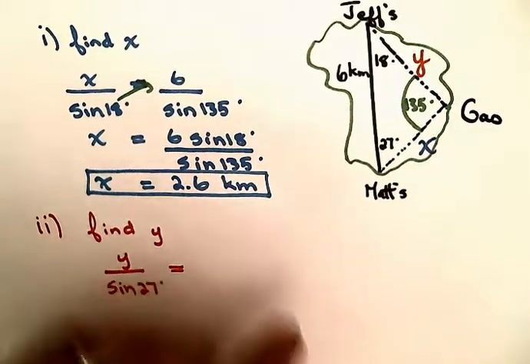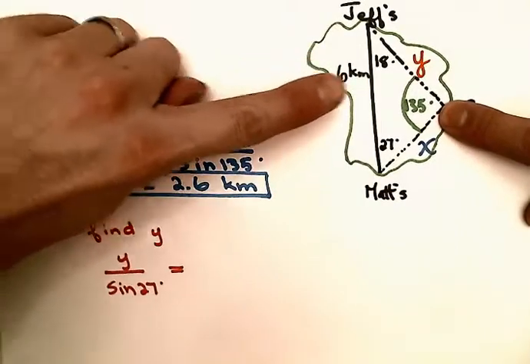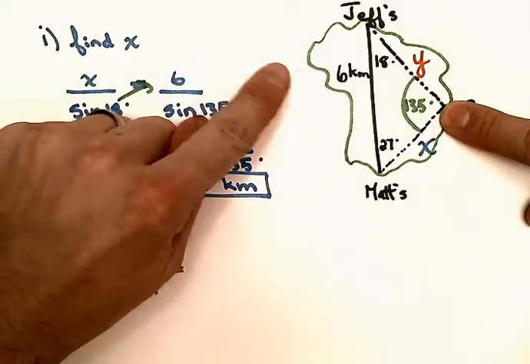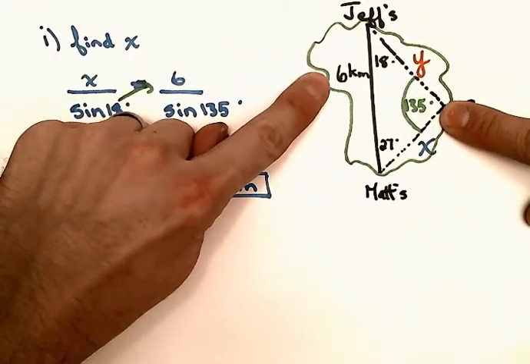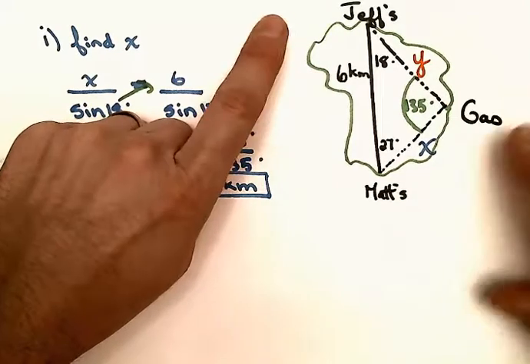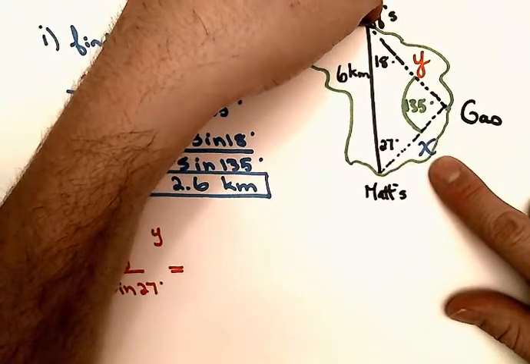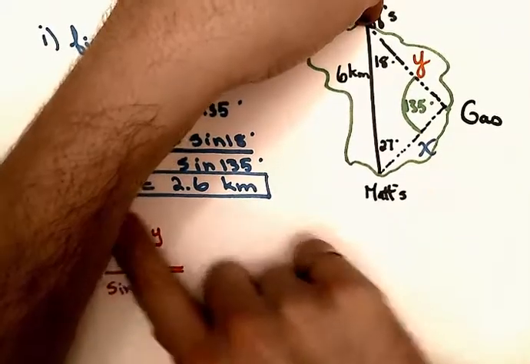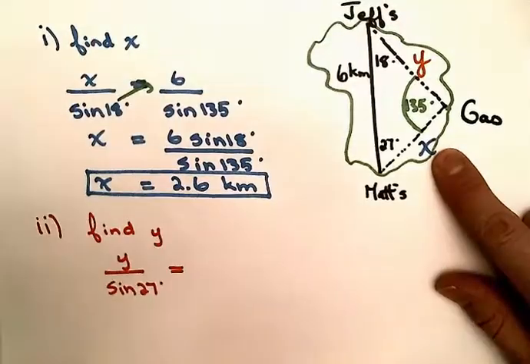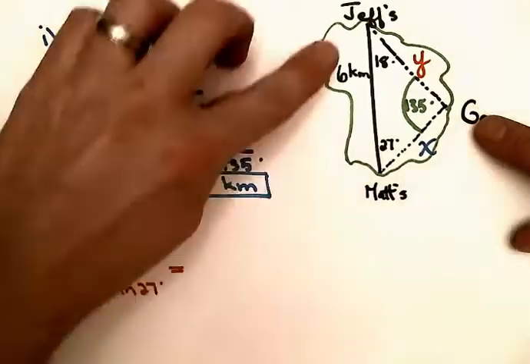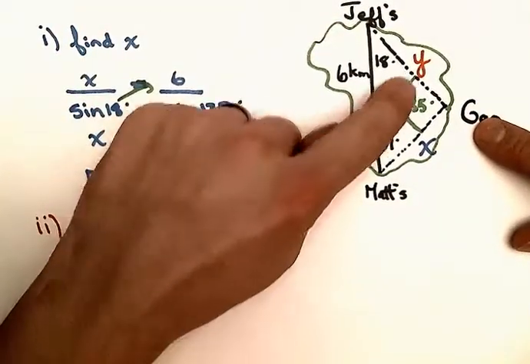So you could put the 135 again with the side of 6. That works. And at this point too, you could put 18 degrees with x, because x is known, but you calculated that. So it's not like a guarantee it's right. So I would stick with using the known side of 6 and the angle of 135 degrees.